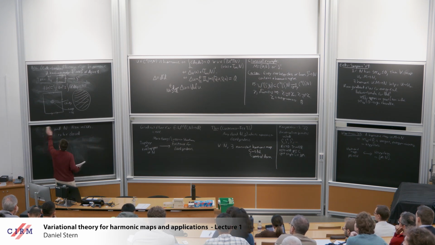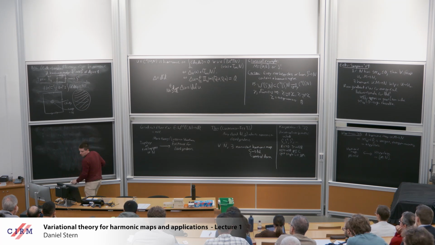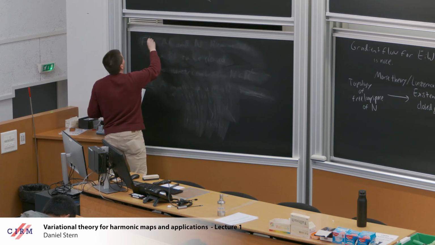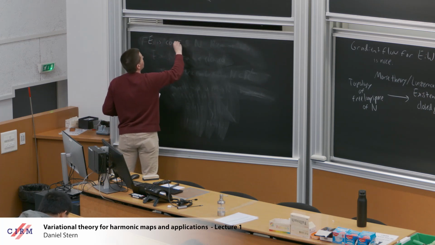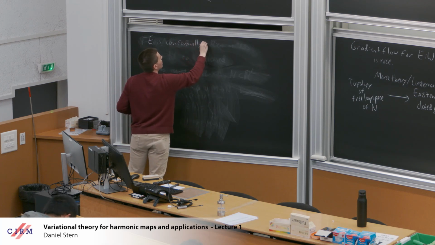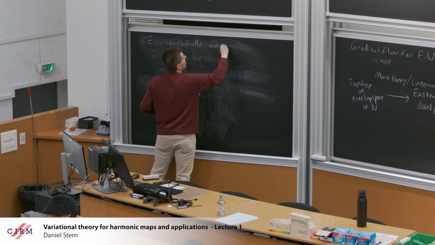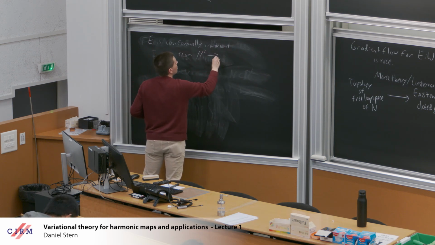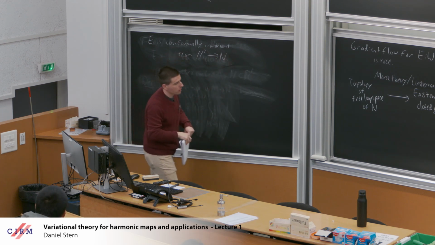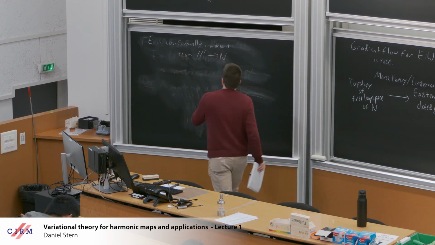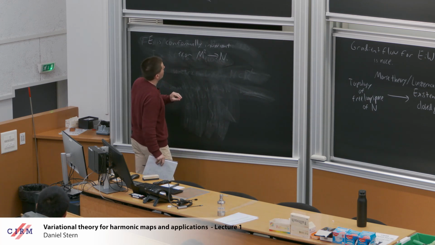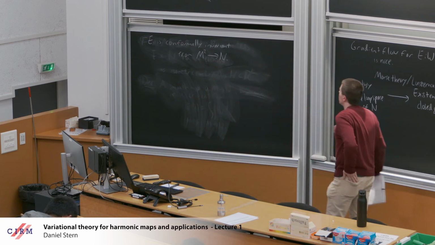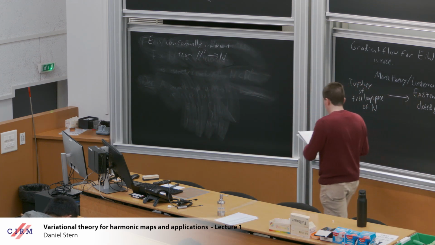But if we're working on 2-dimensional domains, then we know, as Alexei was reminding us this morning, that the energy is conformally invariant, from 2-dimensional domains into whatever target you're looking at. So that means two things. The first thing is that if we precompose by a conformal automorphism here, then the energy is preserved. And it also means if we change the conformal class of our metric here, energy is preserved as well. Okay, so it has a lot of symmetry.